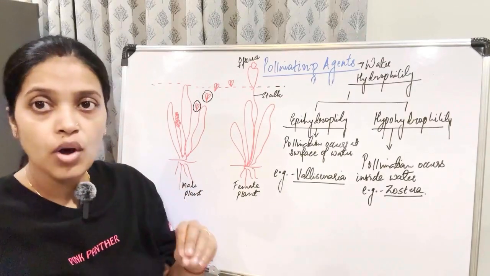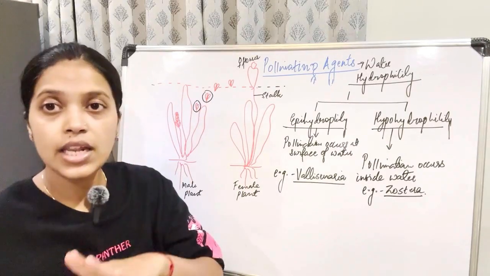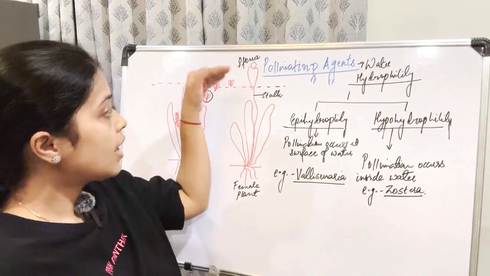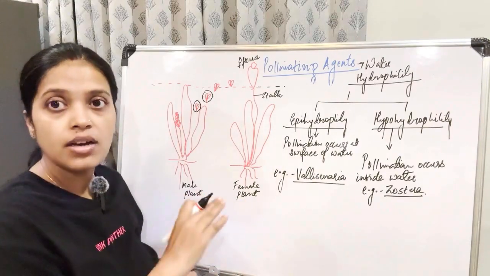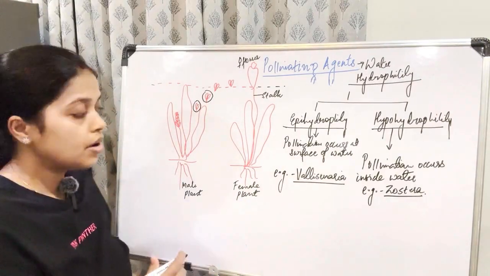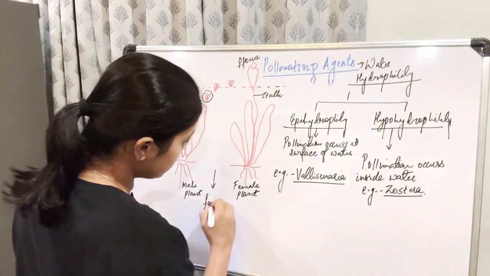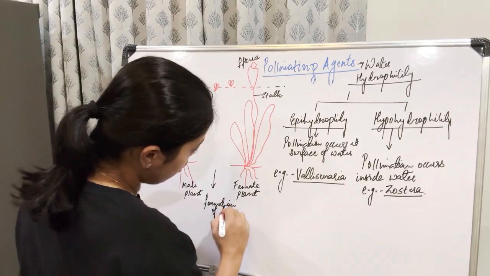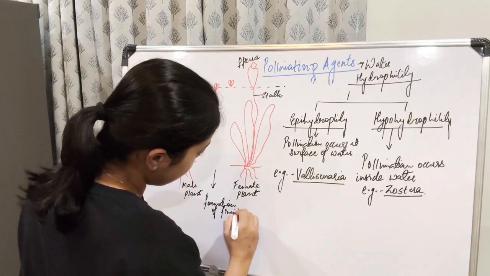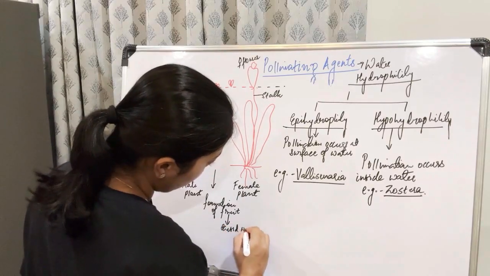Once the pollination is done, the stalk length again reduces and the flower comes down inside the water, and further development, the formation of fruit and seed, everything occurs inside water.